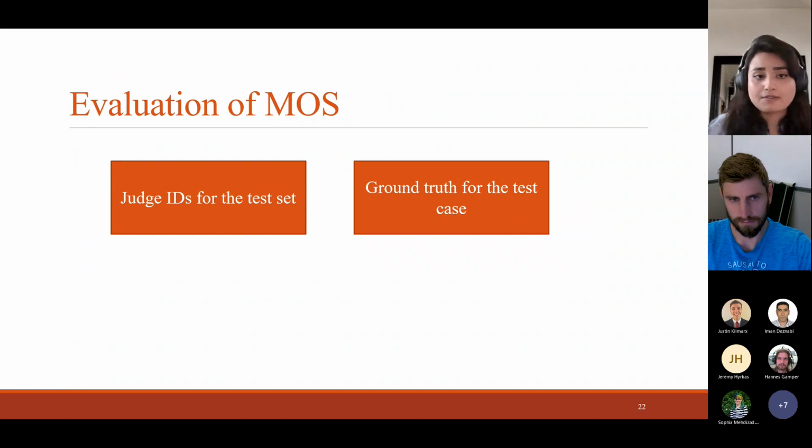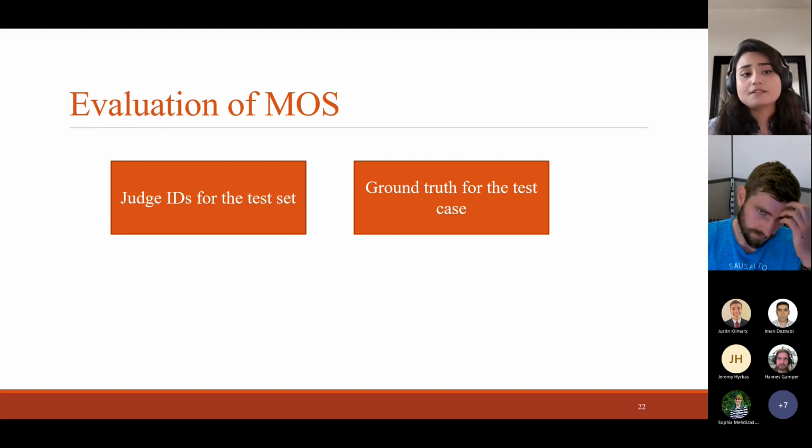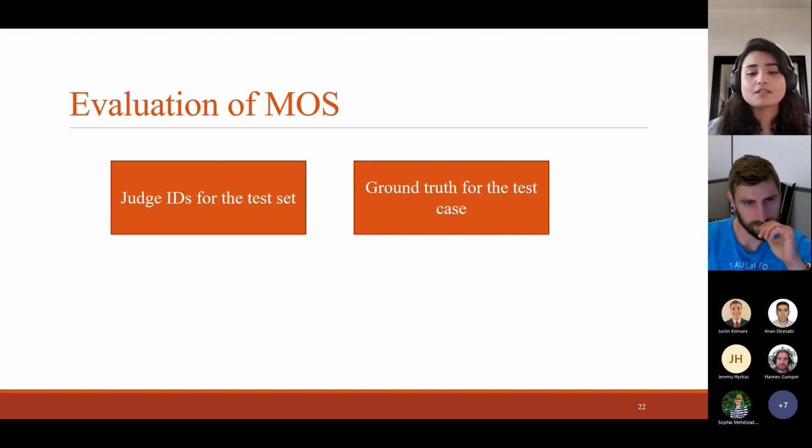The second thing that we thought about is, is this evaluation good enough? Because our test samples are as noisy as our training. And in the literature, when they try to evaluate these methods, they have either judge IDs for the test set or they have the ground truths for the test cases.